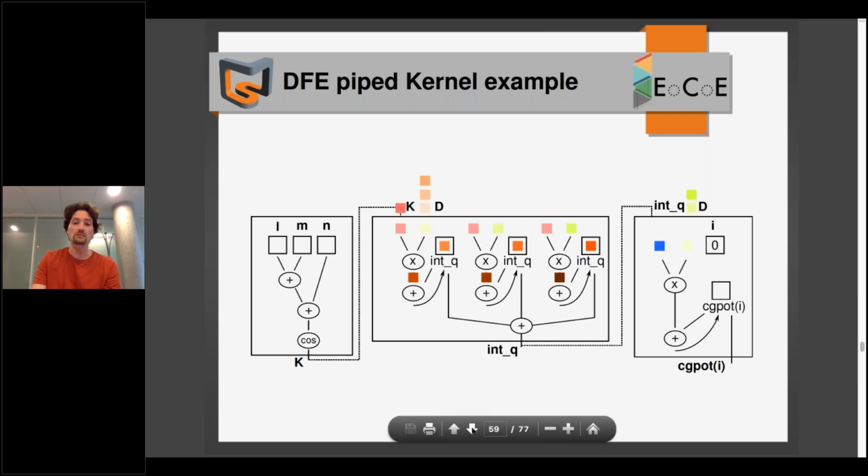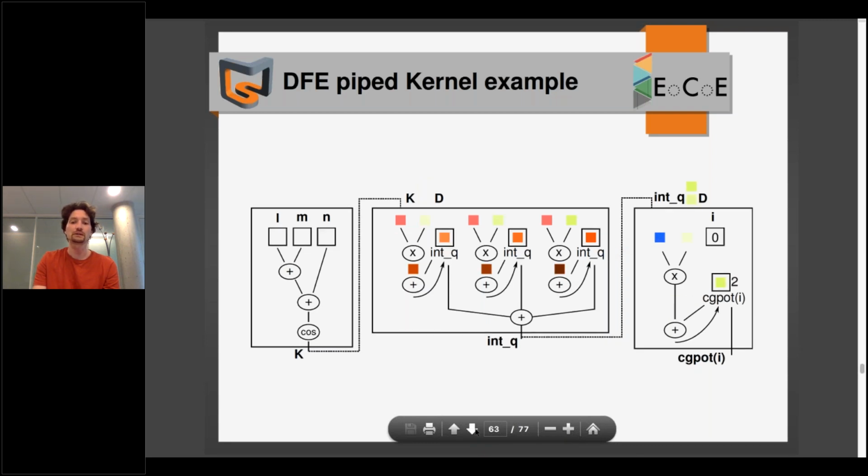Okay, and now we have the same pattern, 2 kernels executing concurrently at each tick mark, and data is flowing here. The integral of Q for the second mode will enter the last kernel. Now we are finishing the integral of Q for the last mode, while this one is already doing its part.